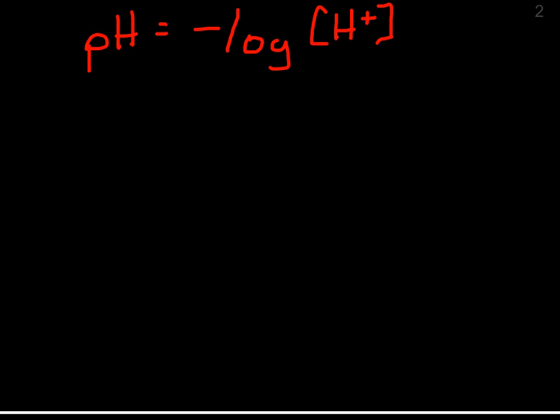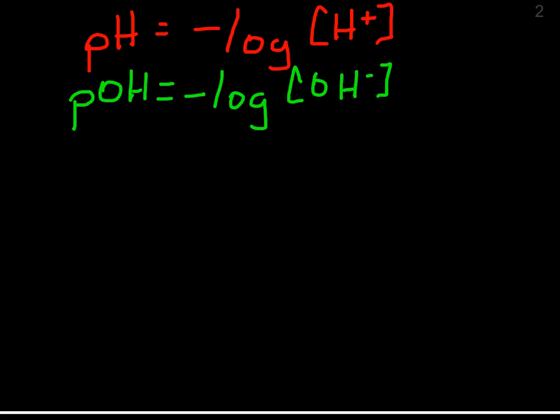What's more, there's something called pOH. We don't use it, chemists use it, but normal people don't use it, which is equal to the negative log of the hydroxide ion concentration. Okay?